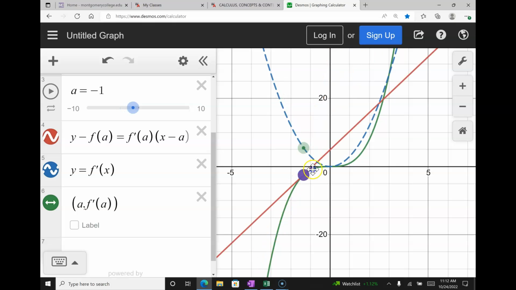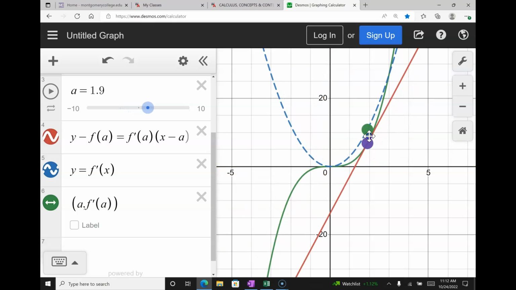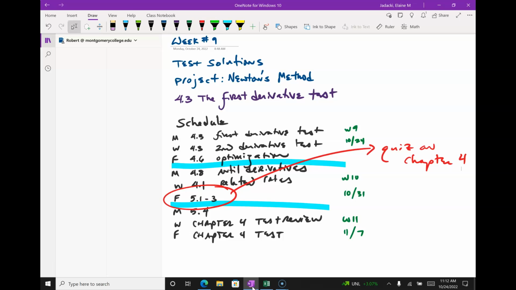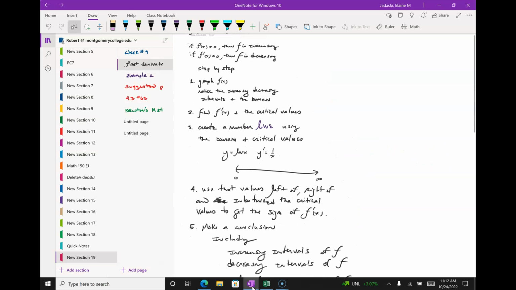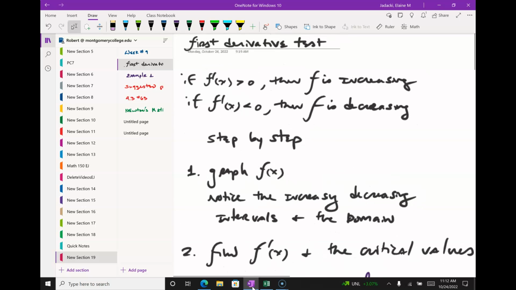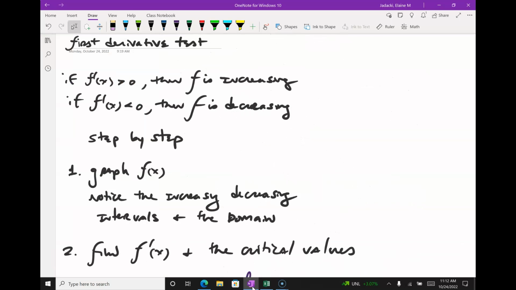And for this first derivative test, I'm kind of teaching it to you backward. I want to use this knowledge, just looking at this, to make my first derivative test simple. I'm going to be saying, hey, if f prime of x is positive, then f is increasing.